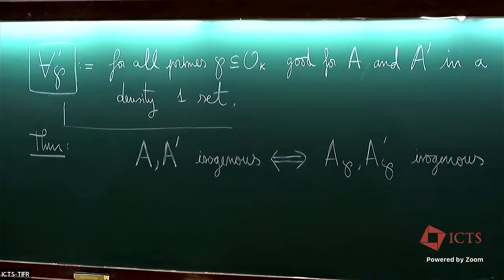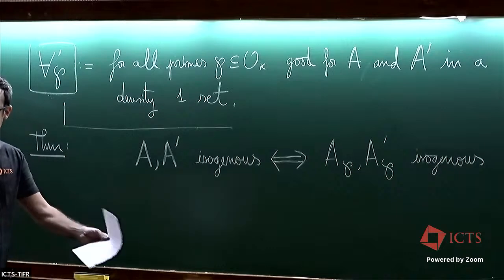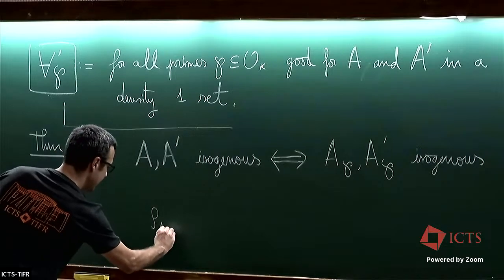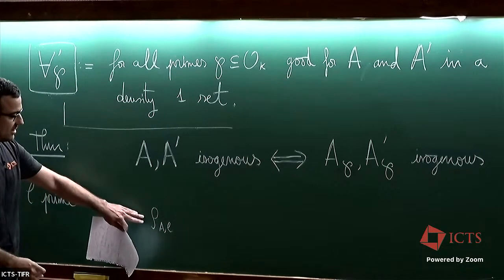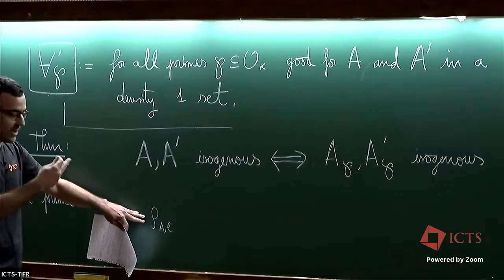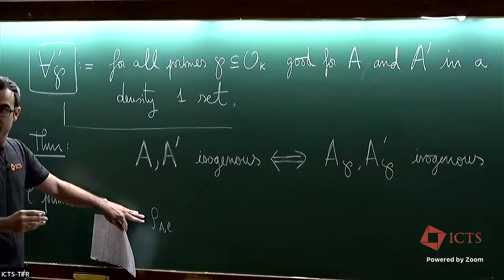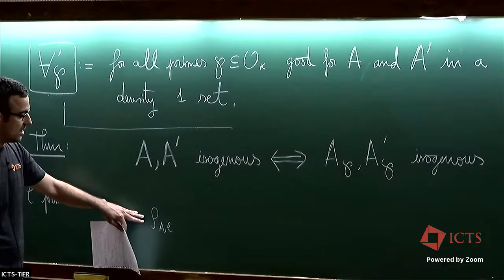And what's the gist of the proof of this fact? Well, you need to think in terms of Galois representations. In these early days, the previous days, we've seen the l-adic representation attached to an elliptic curve. We can also attach an l-adic representation to an abelian variety, which I will denote by rho sub l, rho A sub l, where l will be some prime. And this is a representation of the absolute Galois group of K that encodes the action of the absolute Galois group on the Tate module of A, defined in the same way as for elliptic curves, the projective limit of the l to the n torsion.